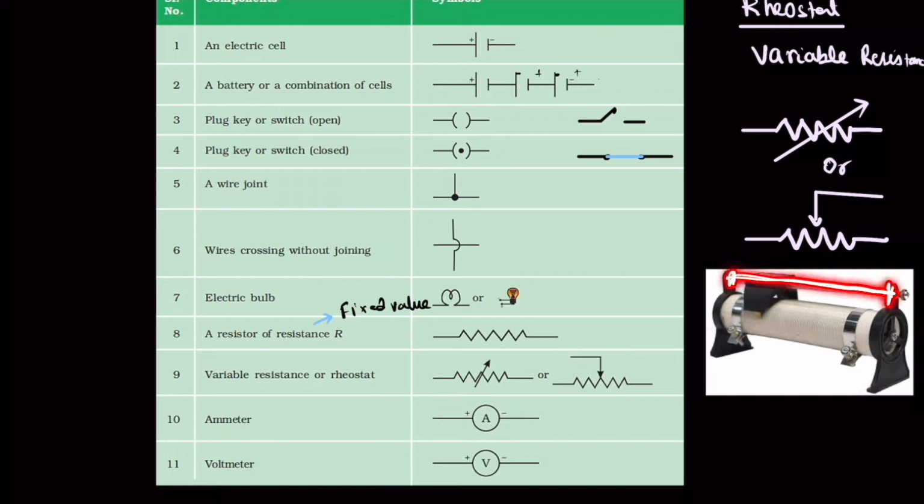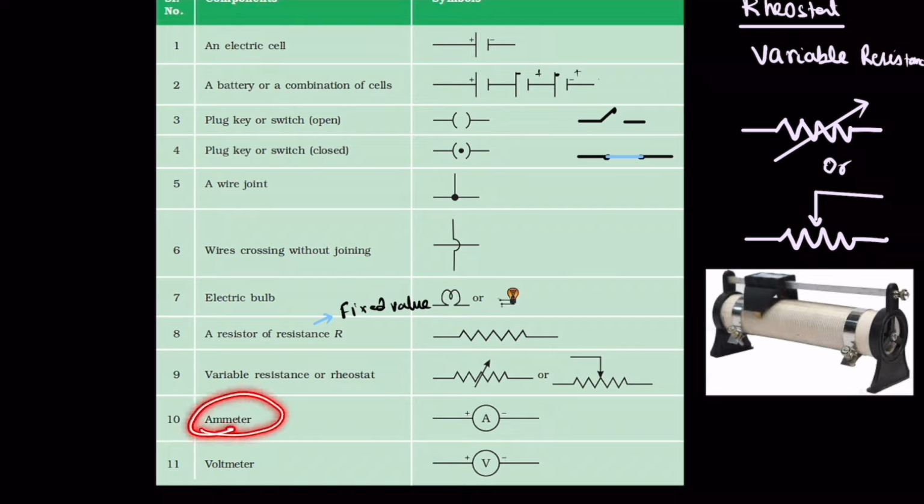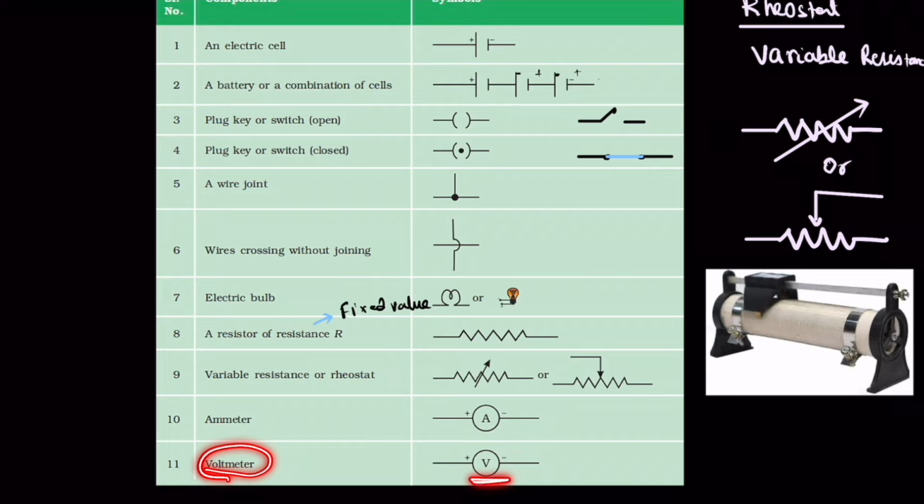So whichever resistance you require, you can move it and fix that value. So it is a variable resistance. Next is the ammeter. The ammeter is the instrument used to measure current and it is symbolically represented as A, and the voltmeter is represented as V.